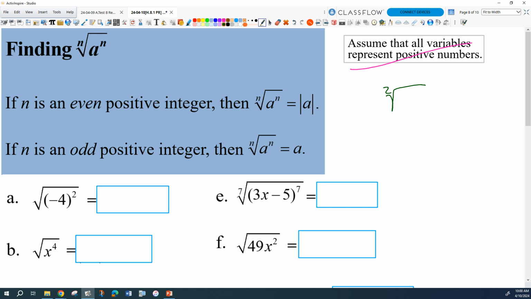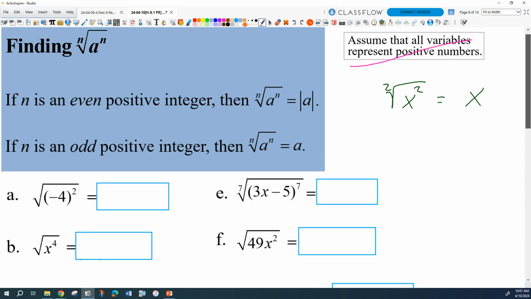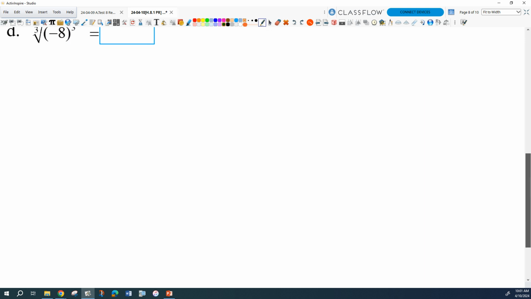Of a square root. We never write it, but a square root is a second root. What does this tell us the square root of x squared should equal? X. Should equal x. Yeah? I disagree. Wait, what? Let's do a test. Let's take a function.